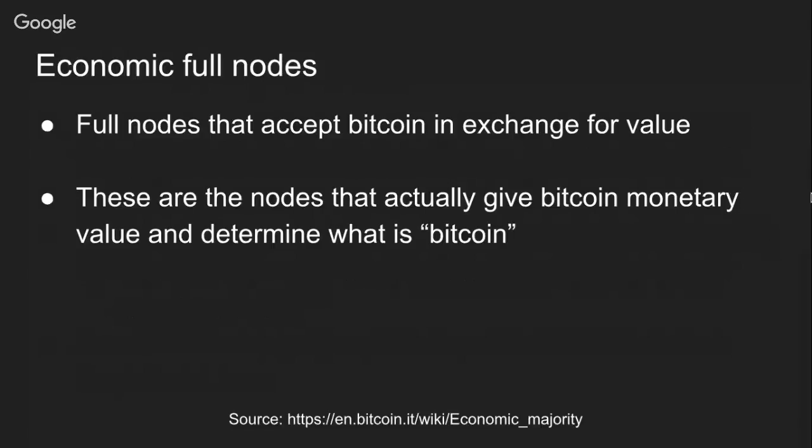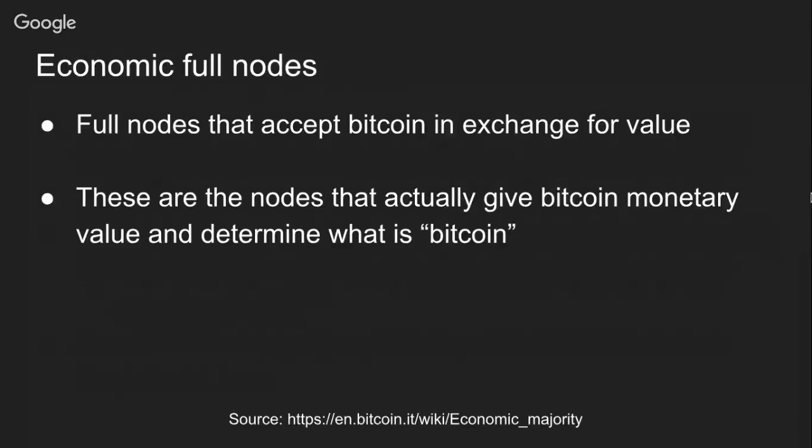Like last year, during the Bitcoin Unlimited thing, and then SegWit 2x, there were a lot of questions of, if a hard fork happens and there's a chain split, which version of the blockchain is the canonical, quote unquote, Bitcoin. And it's really economic full nodes that determine what is Bitcoin by putting their economic weight behind one chain or the other.